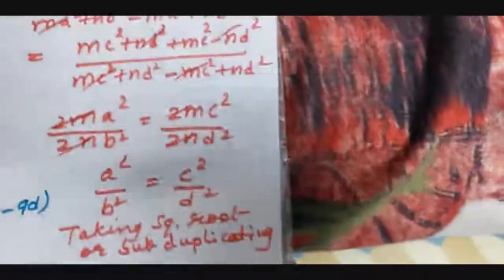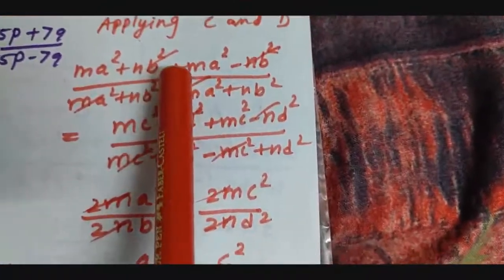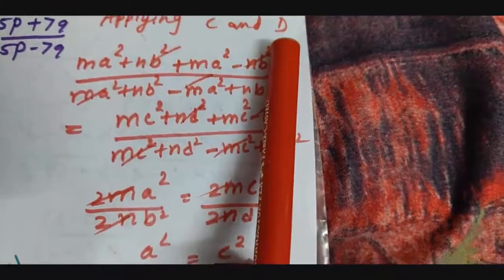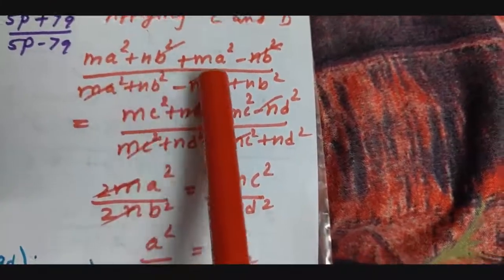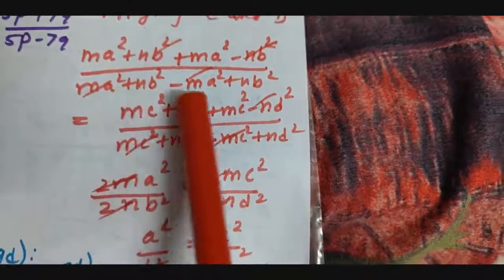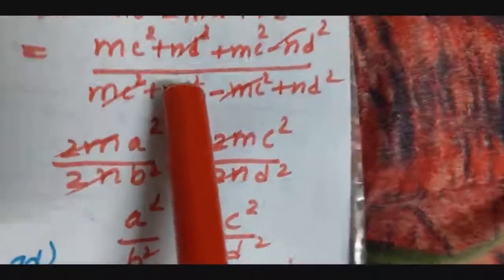So next I am applying componendo and dividendo here. So numerator plus denominator, numerator minus denominator is equal to numerator plus denominator and numerator minus denominator.